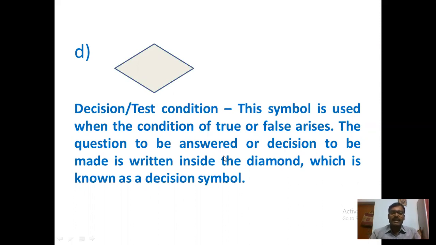The question to be answered or the decision to be made is written inside the diamond, which is known as the decision symbol. Suppose you want to check whether the number is less than 5,000, greater than 5,000, or equal to 5,000. In this comparison, you have to use this symbol.